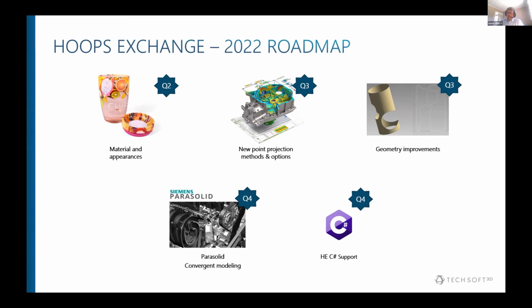And as you have noticed, we are continuously improving how we manage the geometry in Exchange. So we have already delivered, as I said earlier, geometric improvement for Inventor complex surfaces, and we are currently working on our functions meant to adapt the geometry we extract from native CAD files to the targeted modeler.